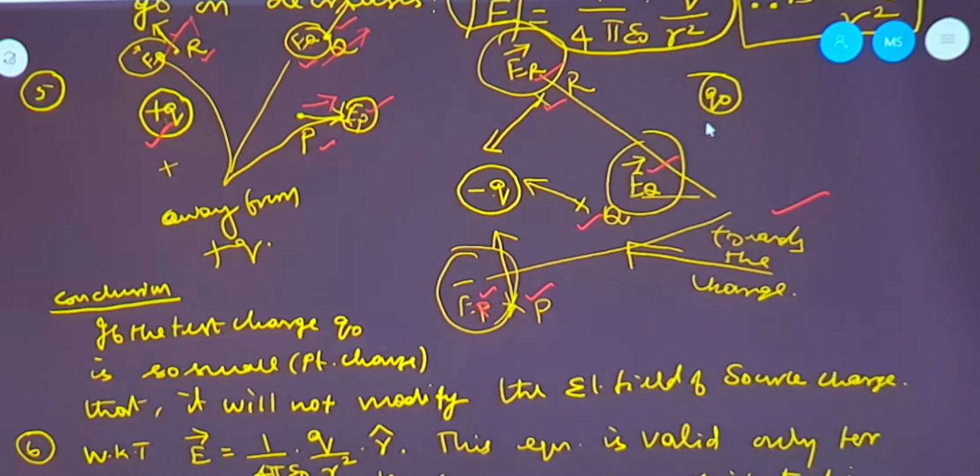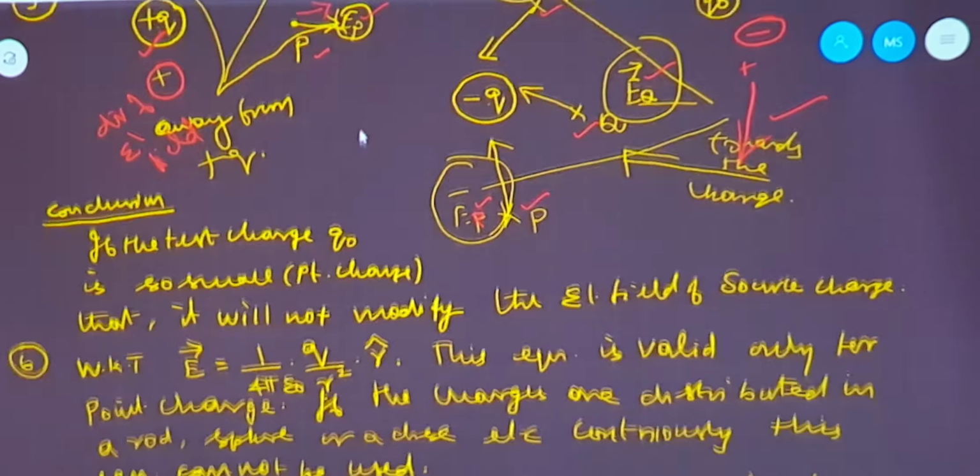So, in general, we can say if the charge is positive, then the direction of the electrical field is away from the charge. If the charge is negative, then it will be acting towards the charge. So that is the conclusion.